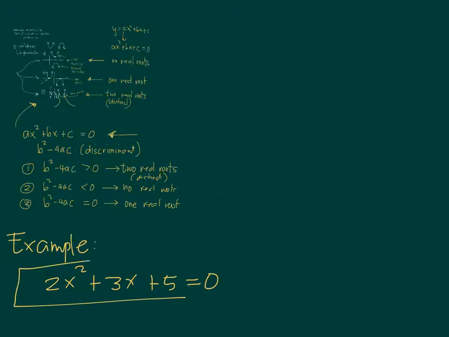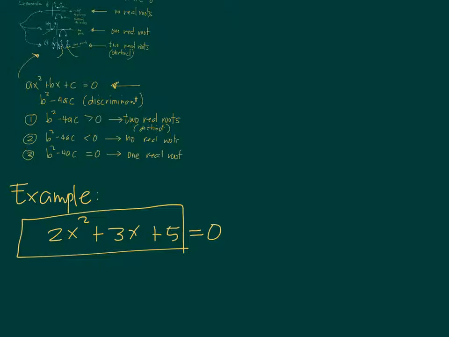We can solve for the values of x, and then say there are no real roots, or just one. But since we know that the value b squared minus 4ac will determine the nature of the roots, we'll just apply it.